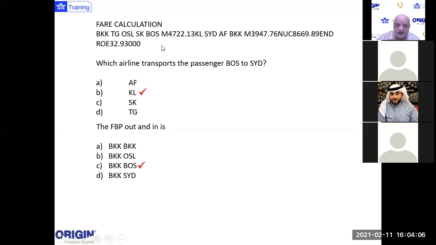And what's the city in front? Boston. So it's Bangkok to Boston. That's how you find the fare break point. Find the fare, the first number, the city in front, that's got to be your fare break point.